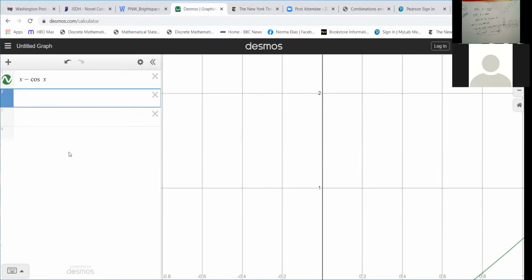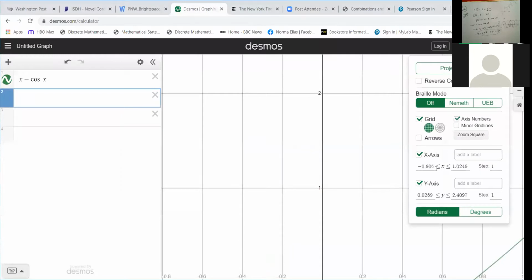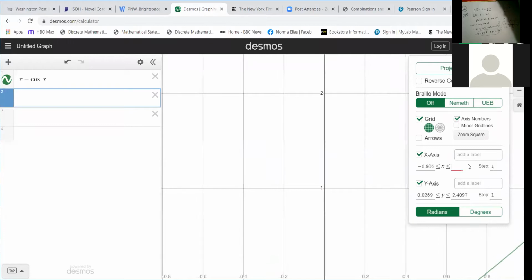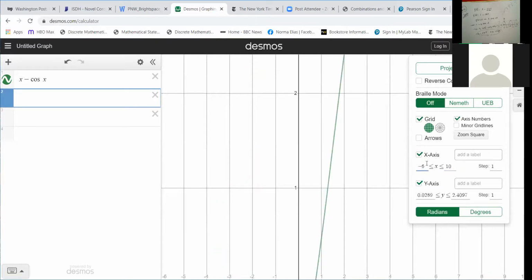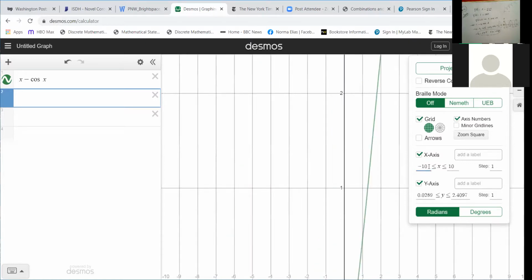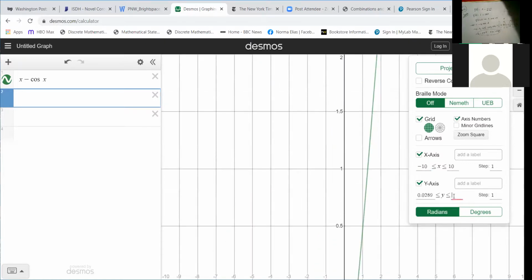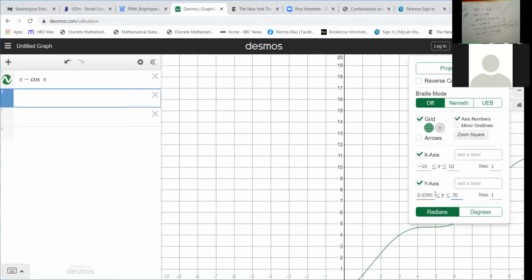Somehow my scale is totally off here. So I can go 10 and minus 10, and I'm changing the scale on my input, so I'm going to go 20 and minus 20.